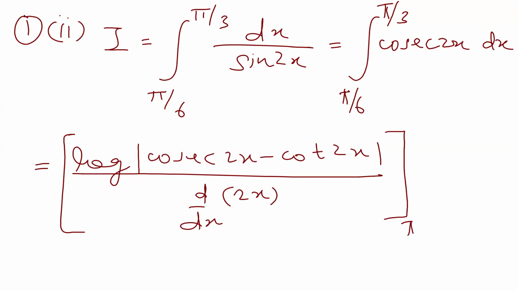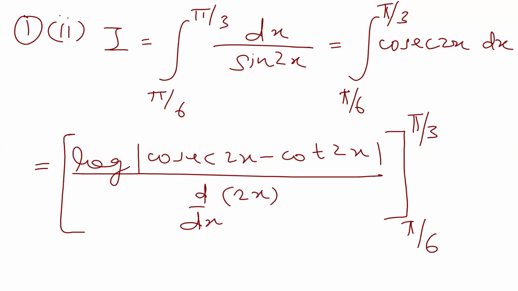So we are going to write a lower limit which is pi by 6. Generally, lower limit is the lower value and upper limit is the higher value. It's not a fixed criteria. You can also have the upper limit as the lower value.